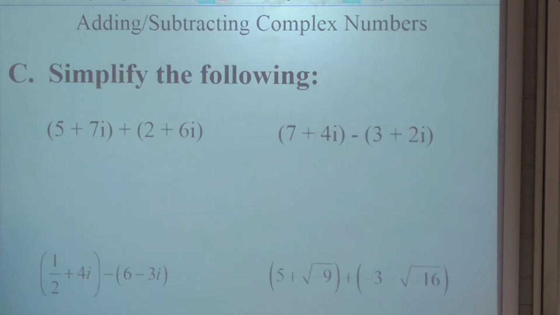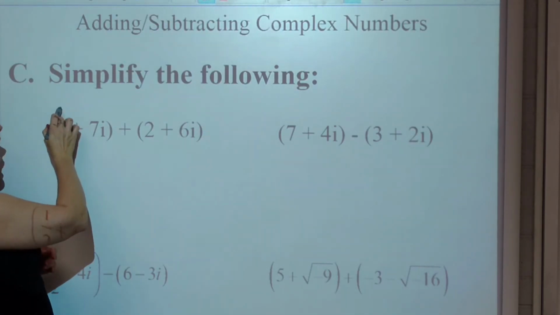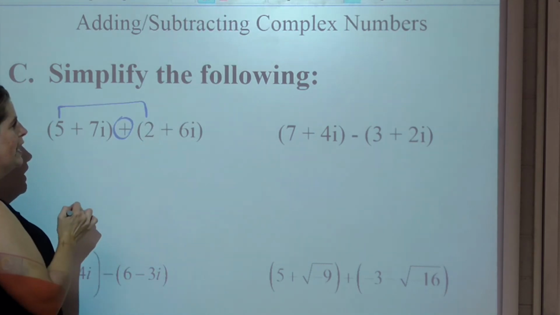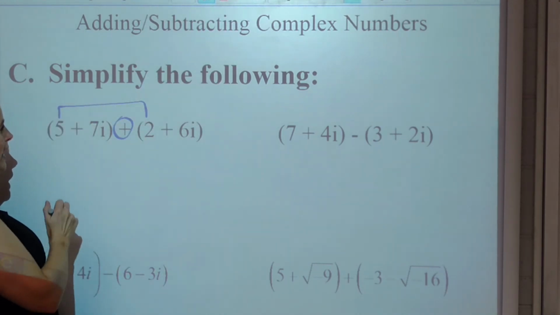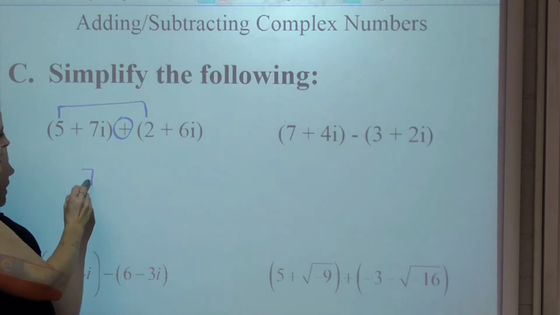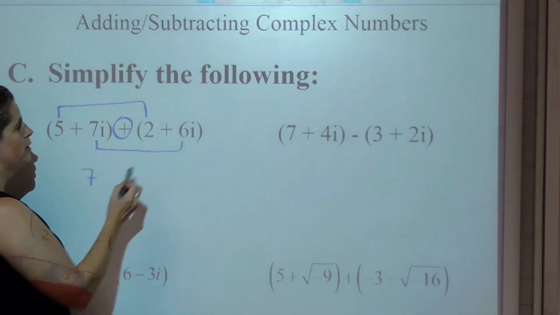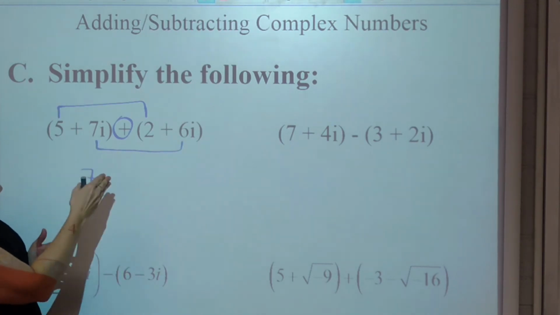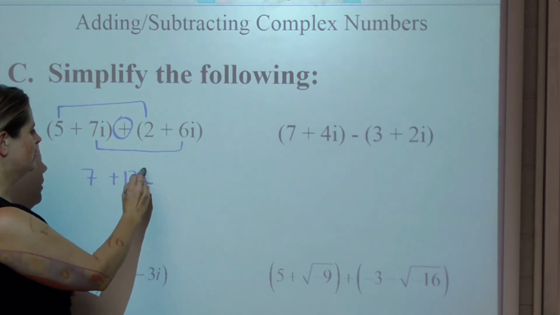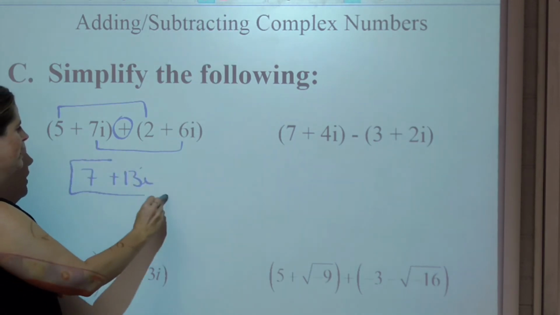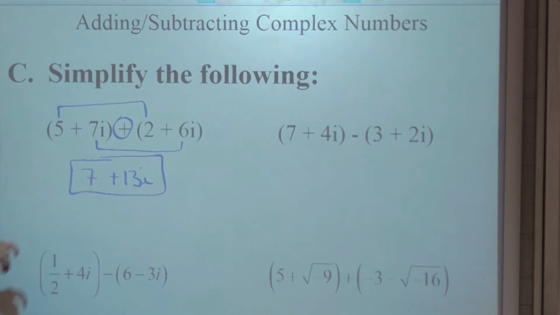We're just going to do adding and subtracting today. If you add, my real numbers add, 5 plus 2 of course is 7, and my imaginary parts add, and that winds up being a positive 13i. So my answer when I add this complex number to this complex number gives me this complex number.